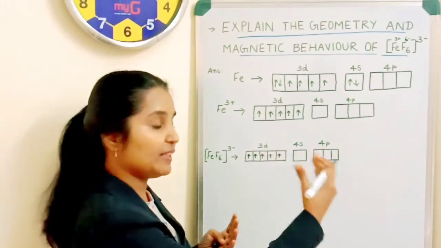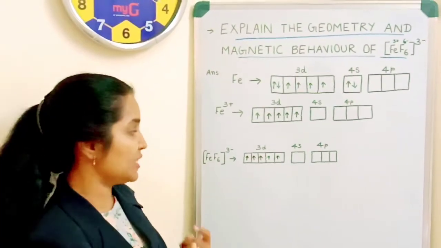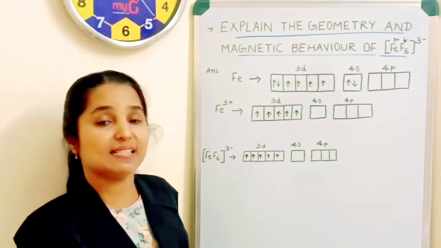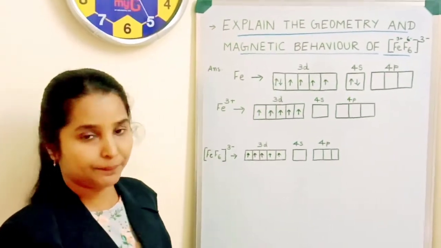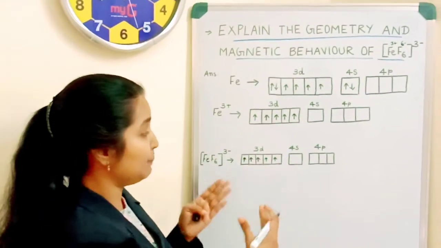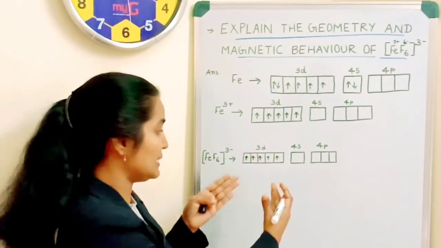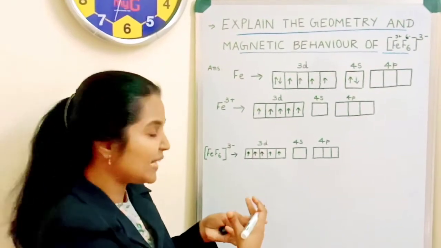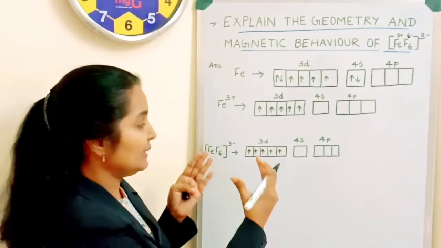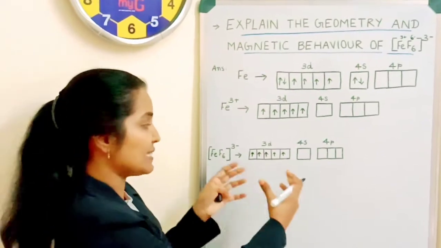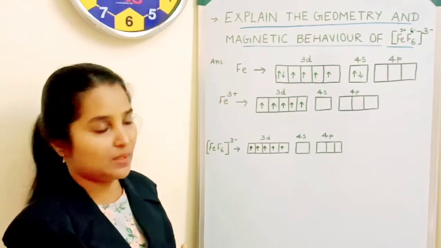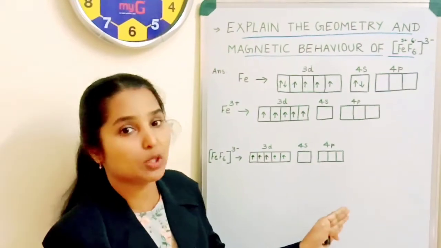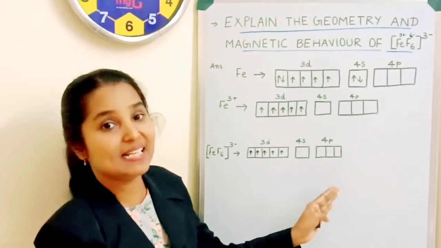According to weak field or strong field ligands, when we look in that order, we can see F- is a weak field ligand. That means it will not have the ability to push these unpaired electrons in the 3d orbitals to get paired. It has no strength to make these unpaired electrons get paired up. So what will they do? They will take the place of the empty orbitals available in the metal ion.